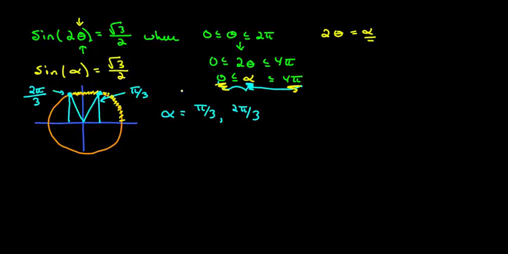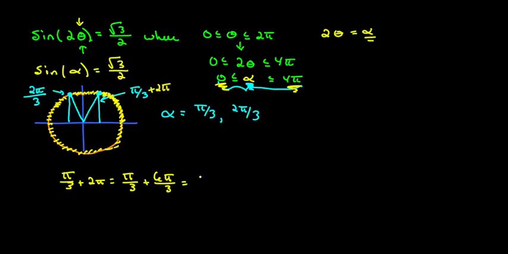Now if I keep working my way around, now I'm at 2 pi, but I still have to go to 4 pi, so I keep going, and I'm up here at this plus 2 pi. So pi over 3 plus 2 pi is pi over 3 plus 6 pi over 3, or 7 pi over 3.